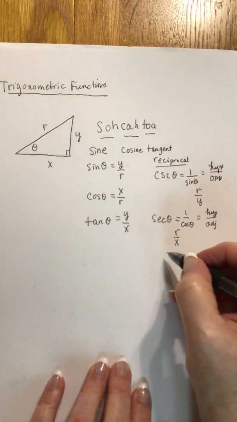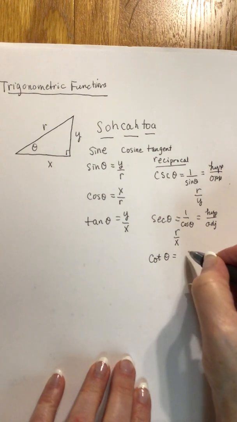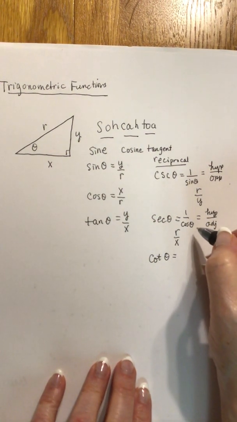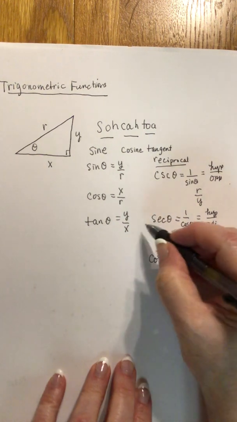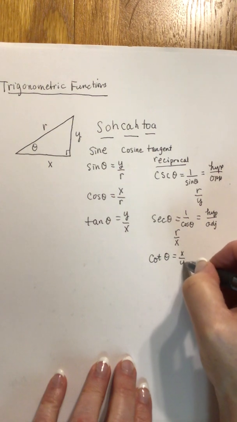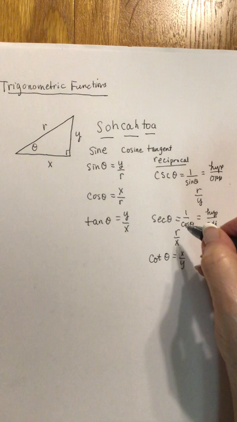Okay, the third one is cotangent theta. So cotangent theta is the reciprocal of the tangent. So if we know the tangent's y over x, then we know cotangent is going to be x over y.